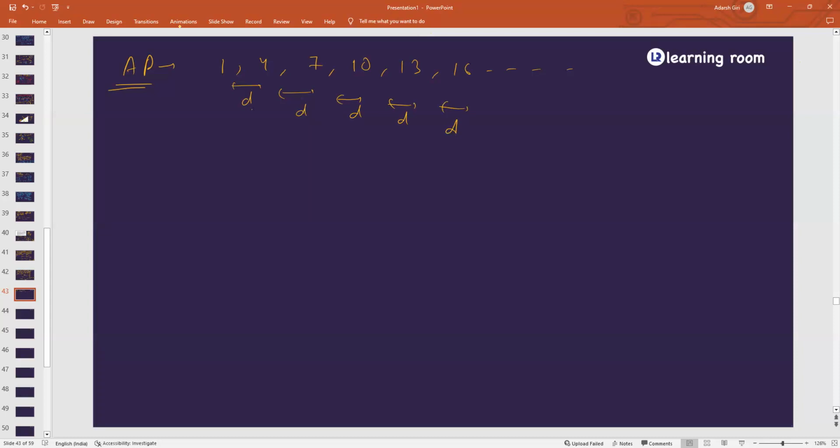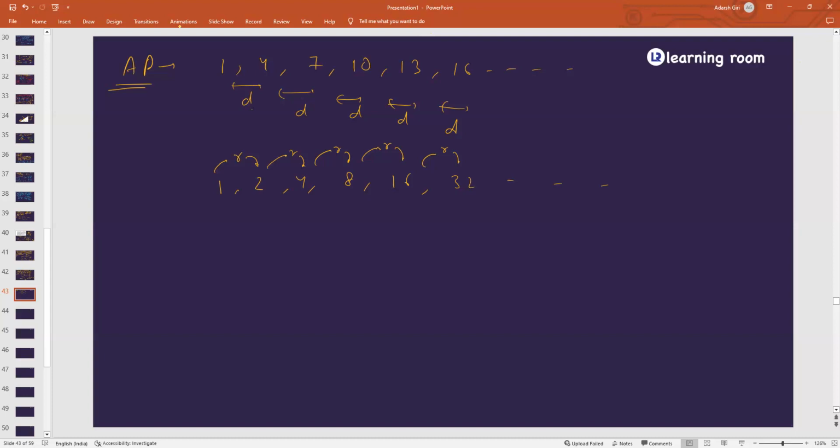But in geometric progression, we have a common multiple. So it will be like 1, then 2, then 4, then 8, then 16, then 32, and so on. There is a common ratio that has been multiplied with every number to get the next number. That is 2 in this case. Do you agree? Yes, sir.